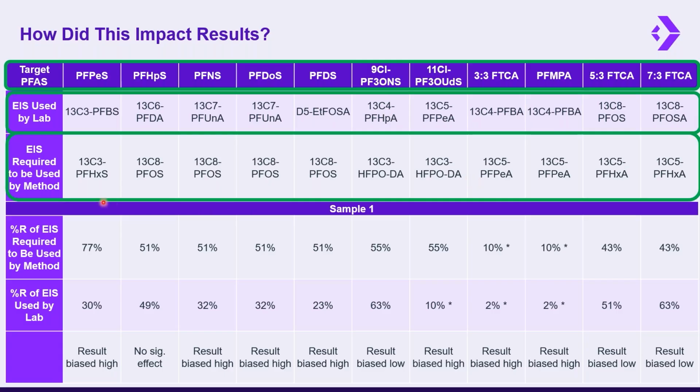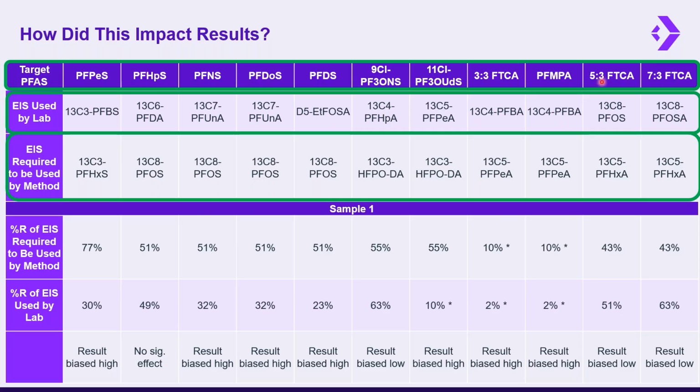We'll go through a couple to make sure you're clear what you're looking at. PFHpS here was quantified by the lab using a carbon-labeled isotope of PFDA instead of the carbon-labeled isotope of PFOS. So a 7-carbon sulfonic acid was supposed to be quantified by an 8-carbon sulfonic acid, which makes sense, but was instead quantified by a 10-carbon carboxylic acid.